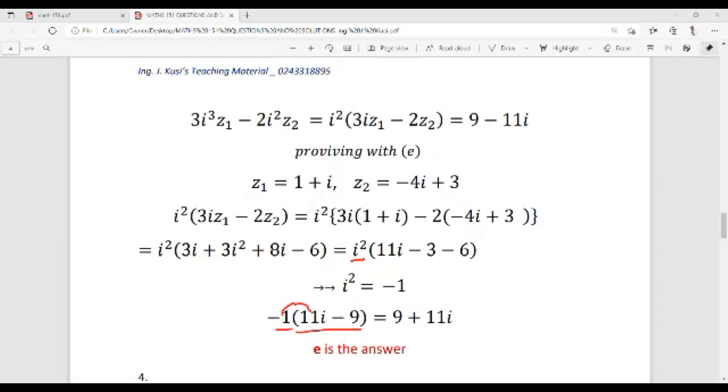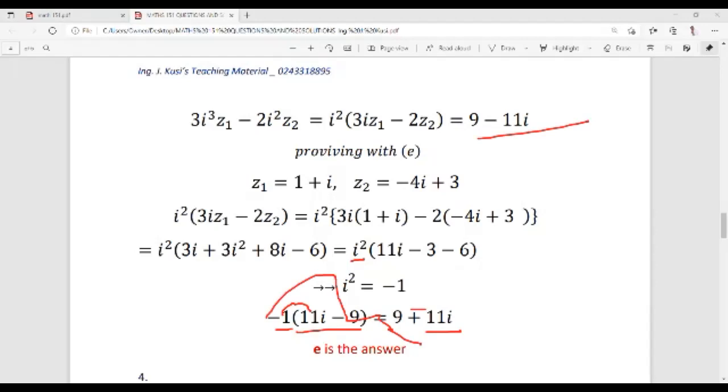It will give you minus 11i. So I have made a mistake here. When I was reducing, I wrote plus 11. You see that, it gives you minus 11, is that not it? And minus times minus will give you positive 9. So that will result in this answer.